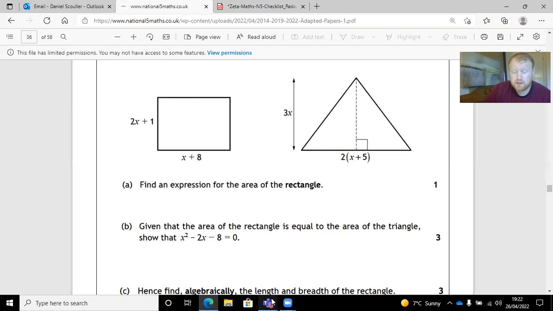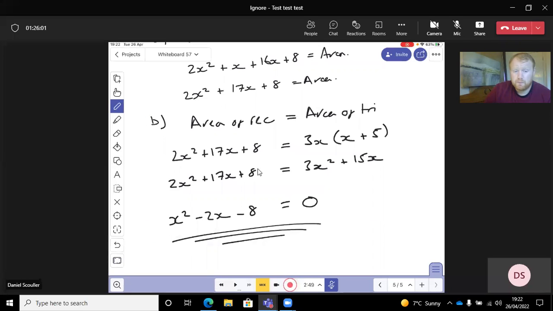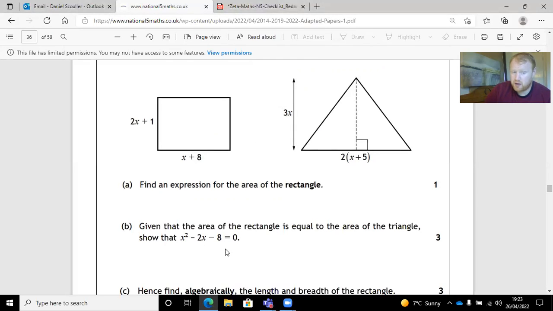Okay, every single line. Okay, so the area of the rectangle is equal to the area of the triangle. We've got an expression for the area of the rectangle. We find an expression for the area of the triangle. We equate, we collect like terms, and we try and see if we can make this.